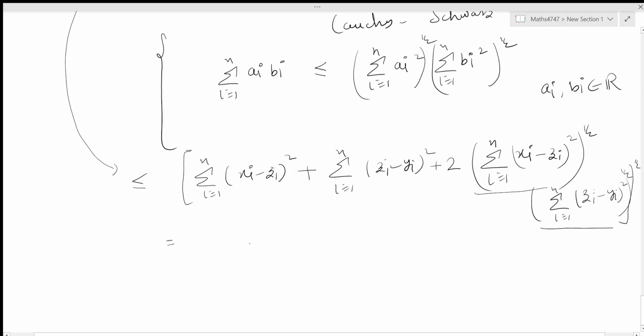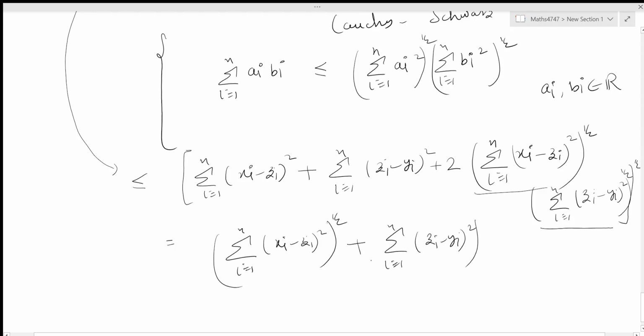Okay, so what can we write? The summation from i equals 1 to n of (xi minus zi) square, to the power half, plus the summation from i equals 1 to n of (zi minus yi) square, to the power half, and there is a whole power 1 by 2.